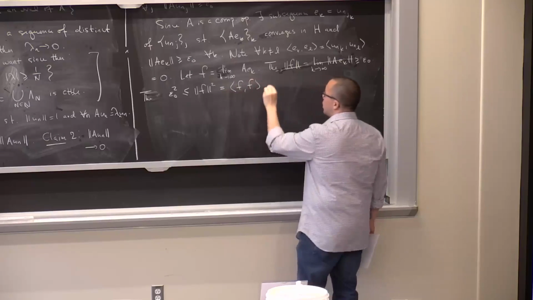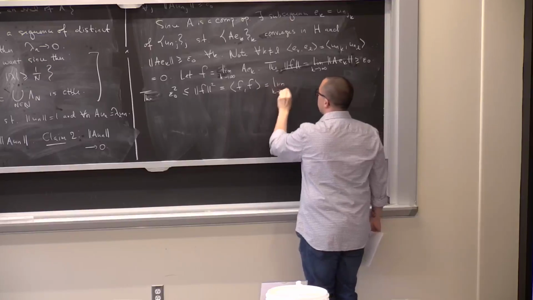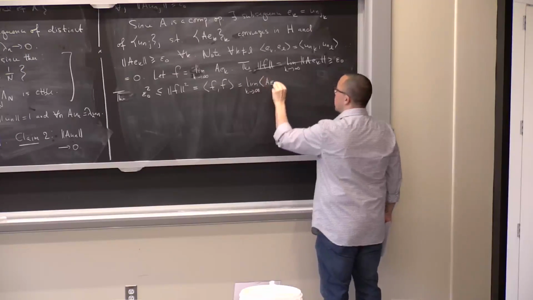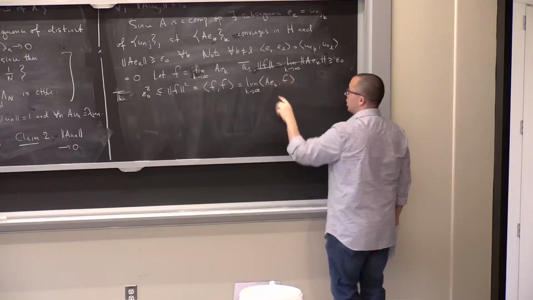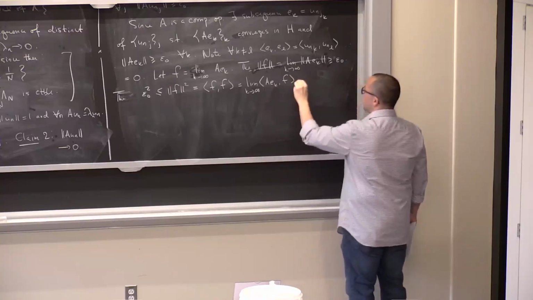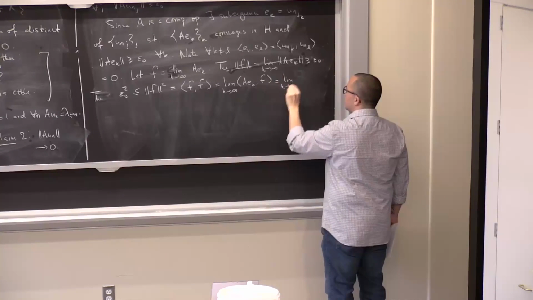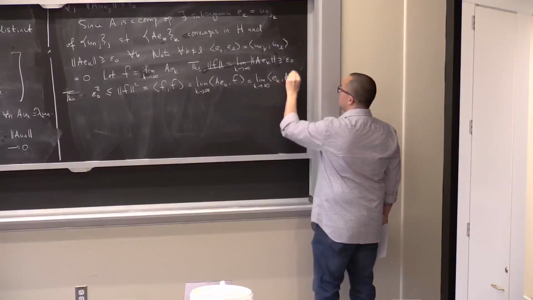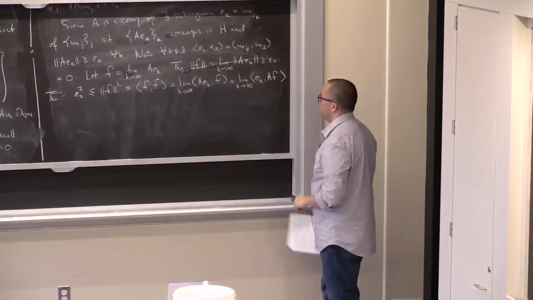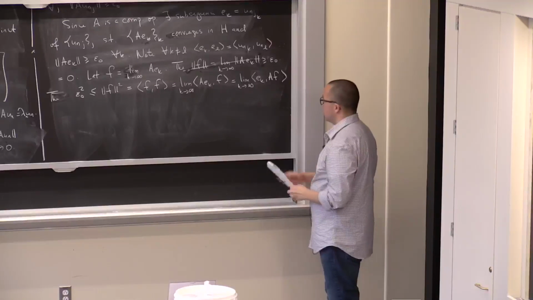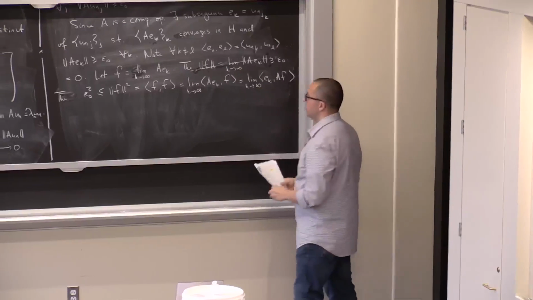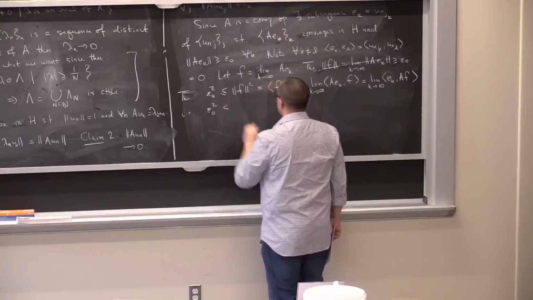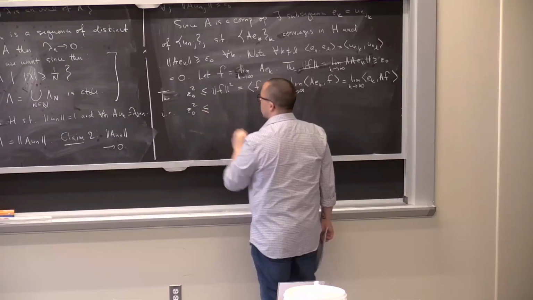So f inner product f. And by continuity of the inner product, since the A e_k's converge to f, I will get f here. And using the fact that A is self-adjoint, this is equal to the limit of the inner product of e_k with A f. Okay? So I have that this limit here is non-negative.